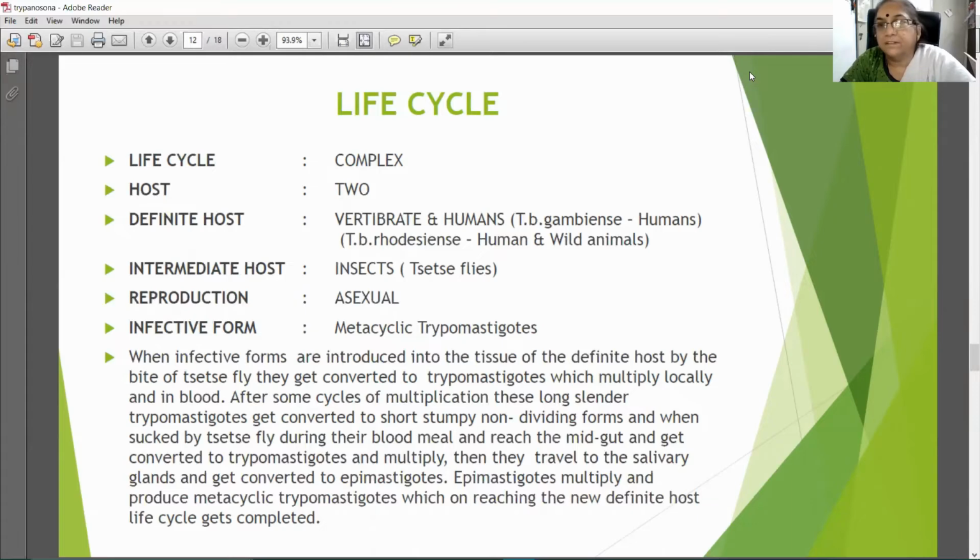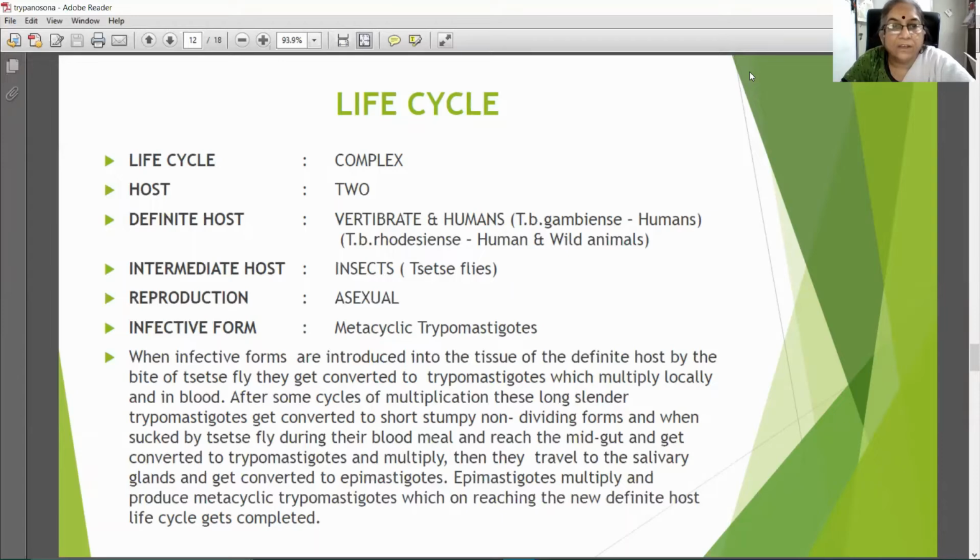Whenever the tsetse fly bites human beings, through the bite or through the puncture wound, these metacyclic trypomastigotes, which are the infective form, enter into the human being.